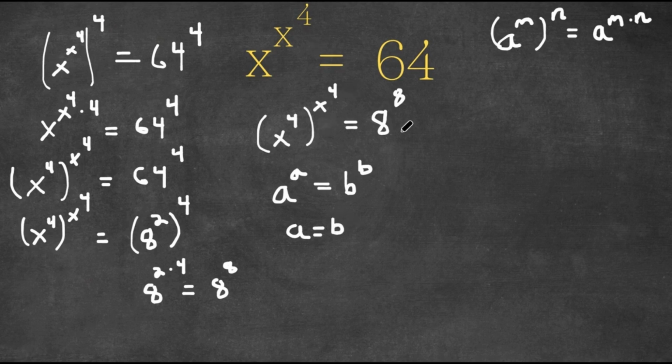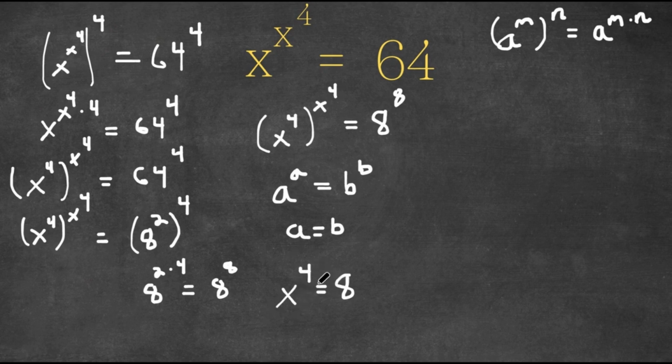So right here, a, in this case x to the power of 4, equals b, 8. So now I'm going to write x to the power of 4 equals 8. So now we simply have a simple equation.